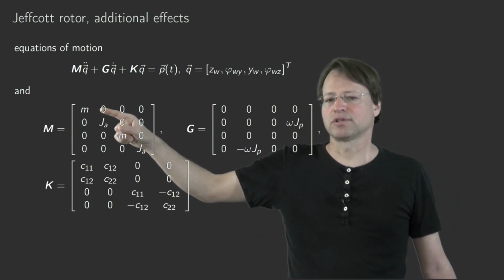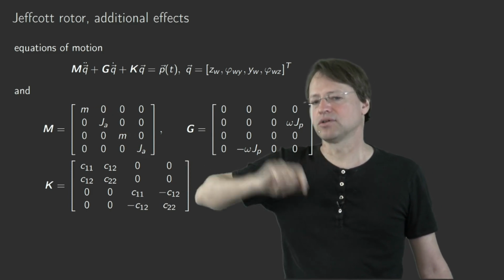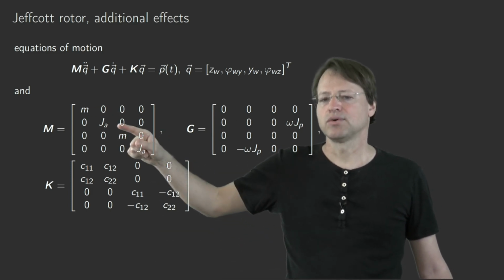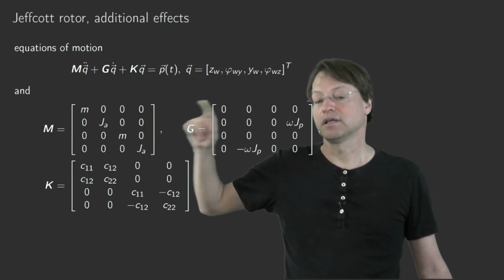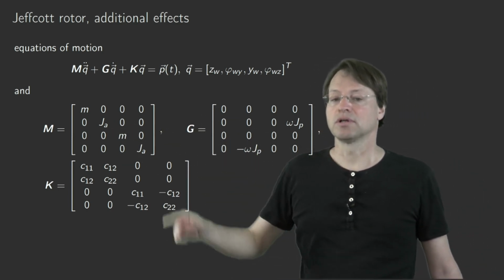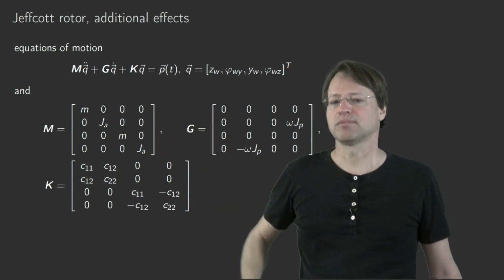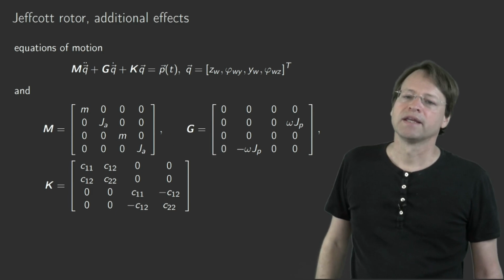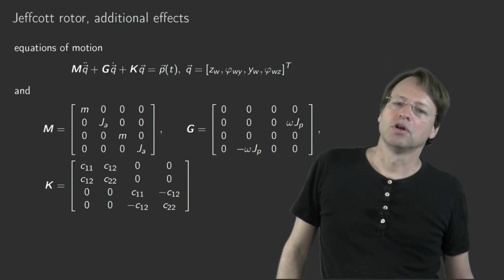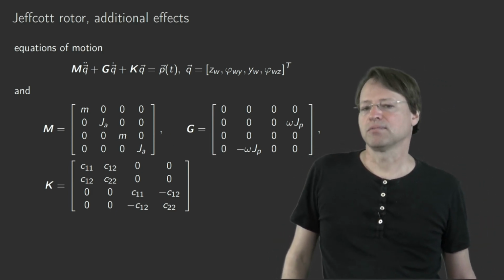Mass matrix, first row, linear momentum theorem, it's the mass of the disk. Second row, angular momentum theorem, it's the axial mass moment of inertia. Third row, again, linear momentum theorem, it's the mass of the disk. And last row, it's the contribution of the angular momentum theorem.